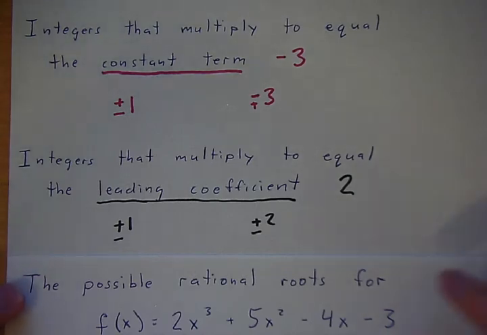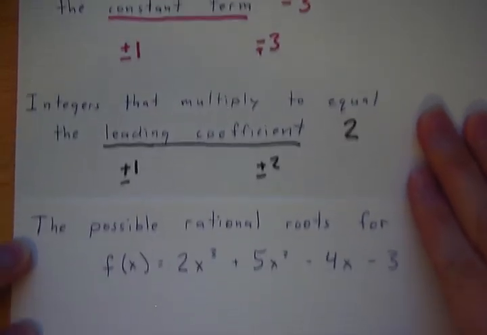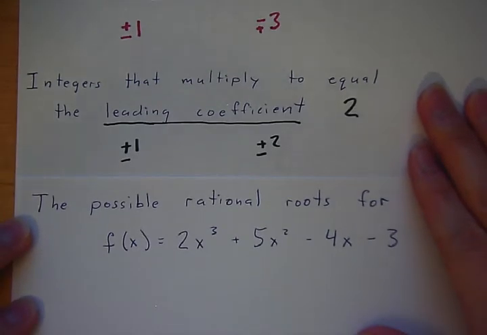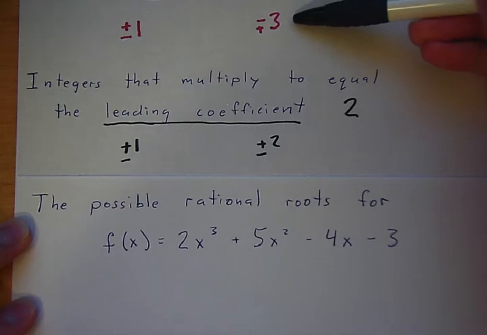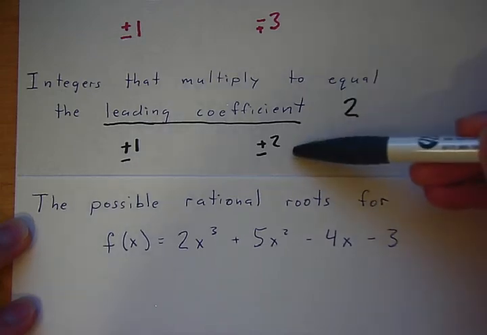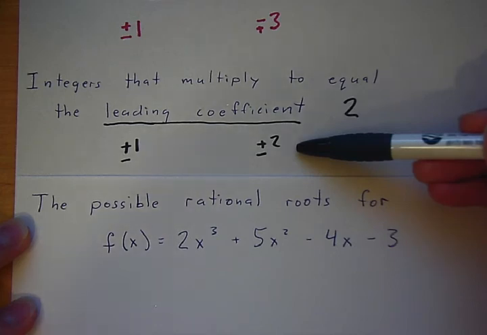So we're going to use the rational root theorem to look at the possible rational roots. So the possible rational roots are going to be a combination of these here in red divided by these here in black.